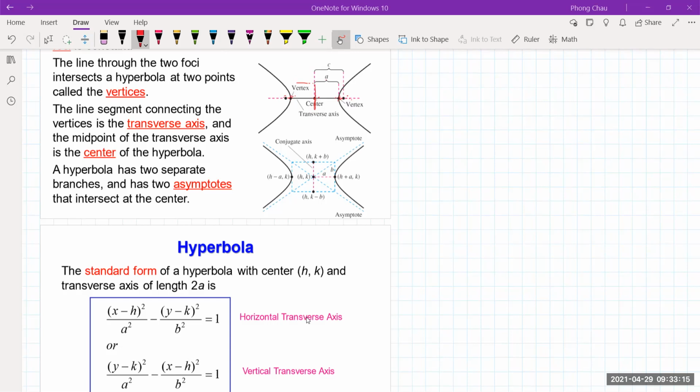Now, if you compare the hyperbola with the ellipse, you see the formulas actually look exactly the same except for the minus sign in between.